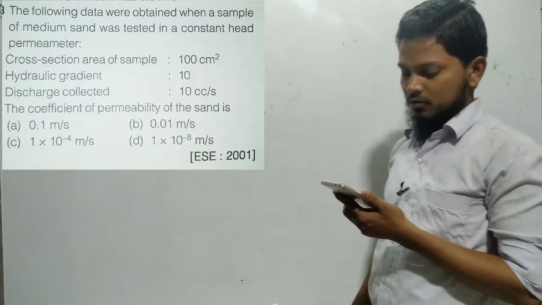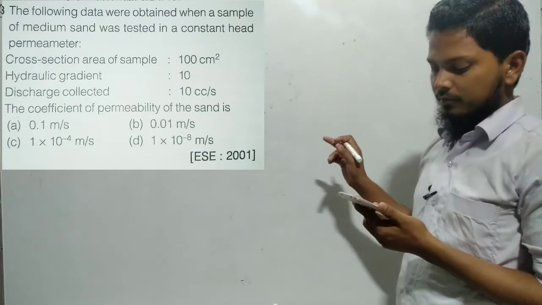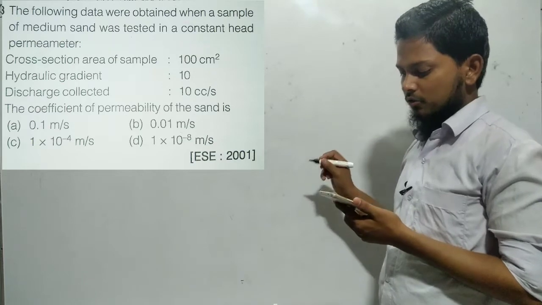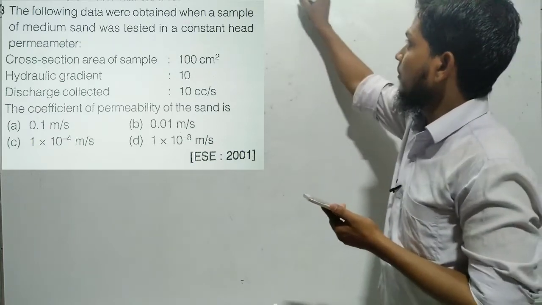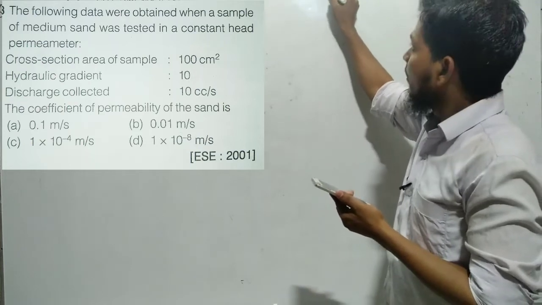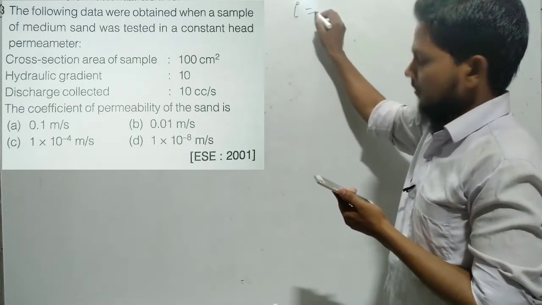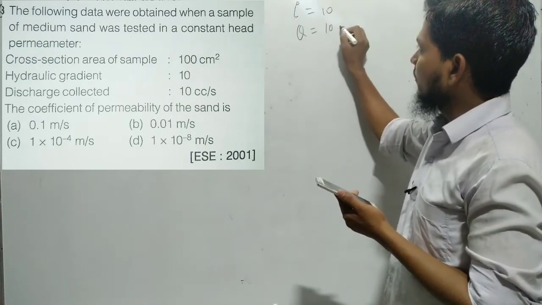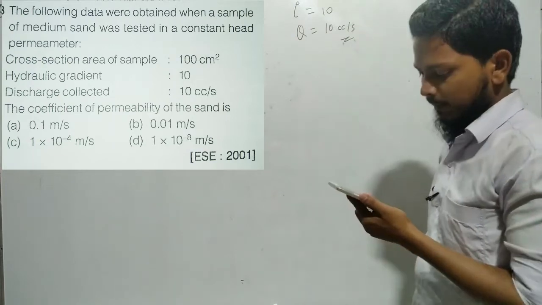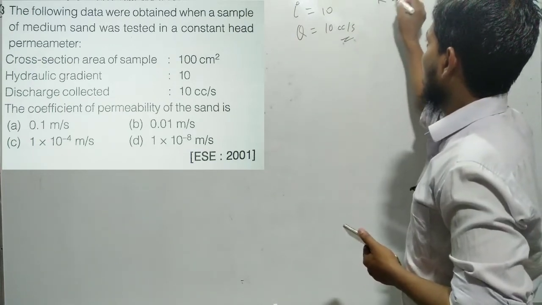Now, as displayed on your screen, the following data were obtained when a sample of medium sand was tested in a constant head permeameter. The cross-section area of the sample is 100 centimeter square, the hydraulic gradient is 10, and the discharge collected is 10 cc per second. What is the coefficient of permeability of the sand?